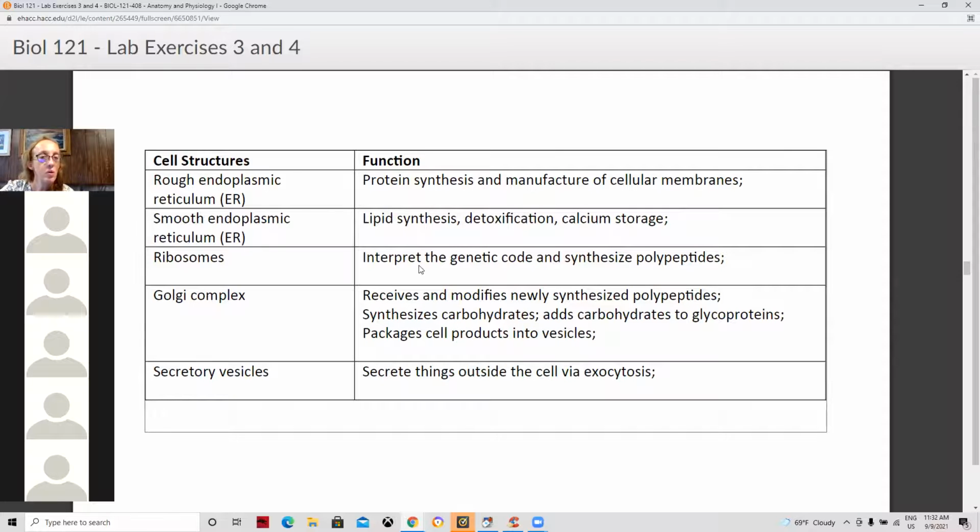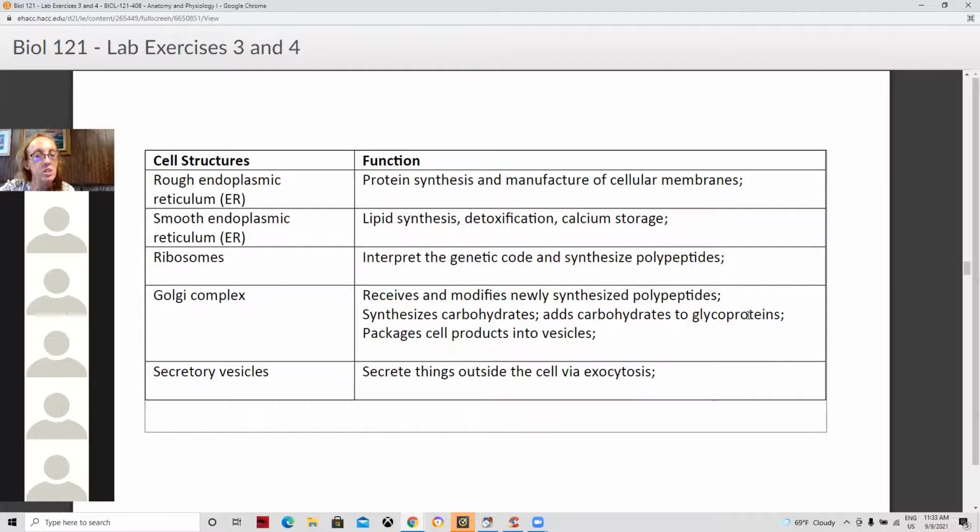Ribosomes work to interpret the genetic code, which is the DNA sequence, and synthesize polypeptides, meaning proteins. The Golgi complex receives and modifies newly synthesized proteins or polypeptides, synthesizes carbohydrates, and adds carbohydrates to glycoproteins.